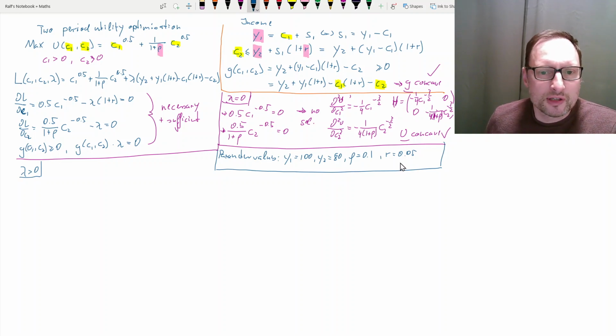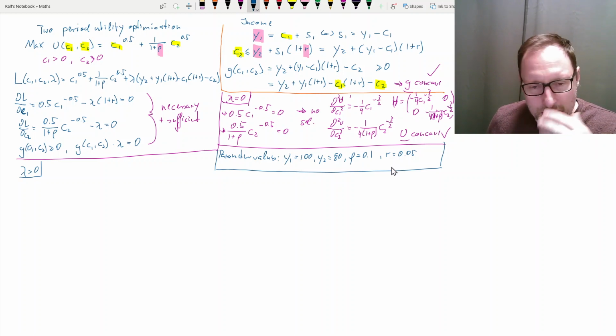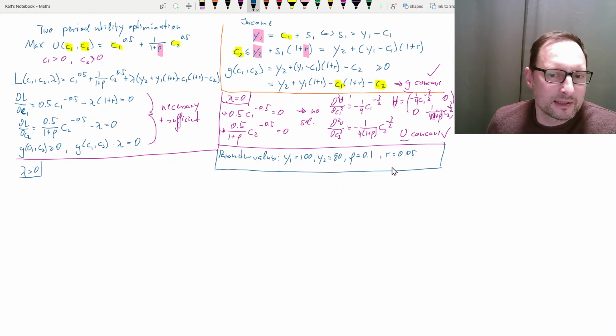What I will do is work with all the variables and parameters, and only at the very end substitute in these values. The reason is that if we look at the parameters as they are, we can do some interesting economics, which is not so obvious if you immediately plug in the values.